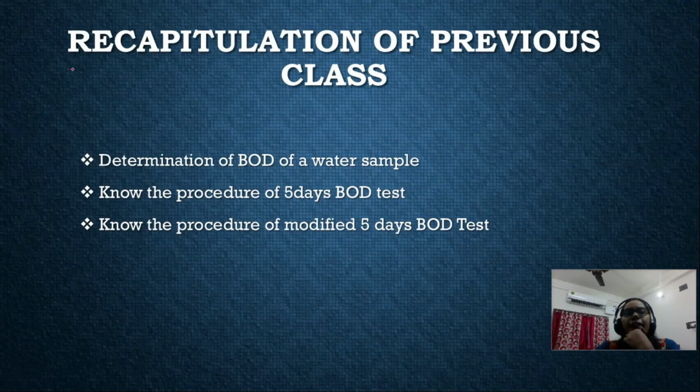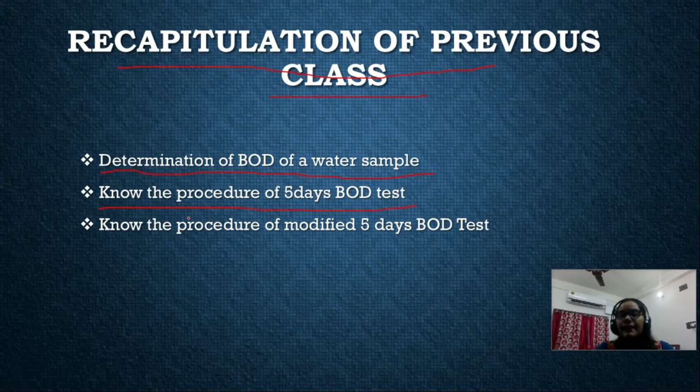Now, recapitulation of the previous class. Whatever we have discussed so far, this is just a recapitulation at a glance. What are the topics that we have discussed so far? First of all, the determination of BOD of a water sample. We have determined the BOD of a water sample and know the procedure of the 5 days BOD test.